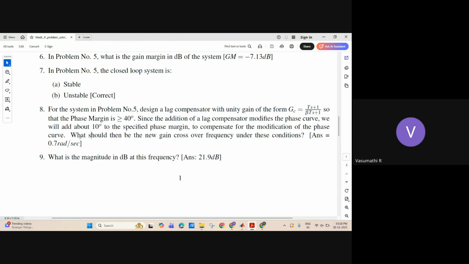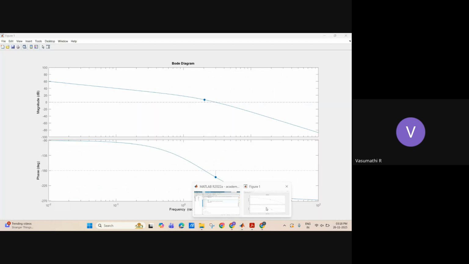Then what should be the new gain crossover frequency under these conditions? First we will find the actual gain crossover frequency. Gain crossover frequency occurs at the phase margin, right? So the frequency at which the phase margin happens is 3. Phase crossover frequency is around 2. There is not much difference for this particular problem.